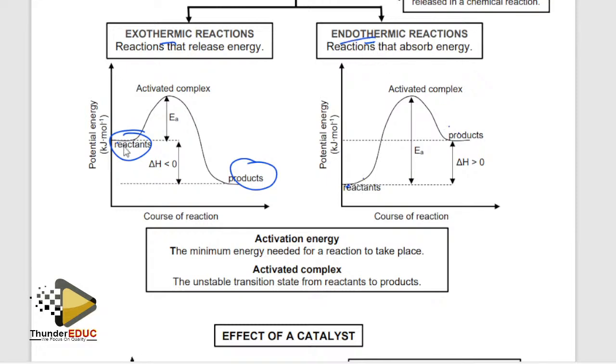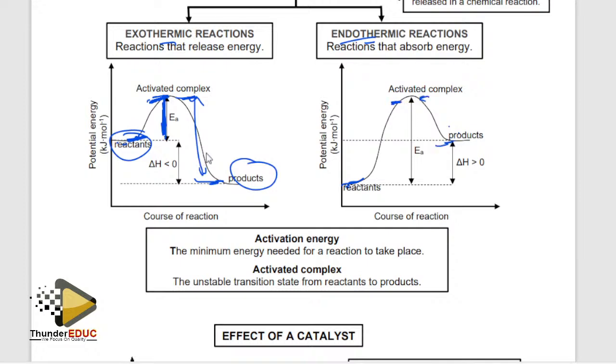From here to here, how do we call that? This is the activation energy. From here to here is the activation energy of the forward reaction. Because when you talk about the reverse reaction, from here to here is the activation energy for the reverse reaction. So it's the same thing here. Activation energy for the forward reaction, activation energy for the reverse reaction.